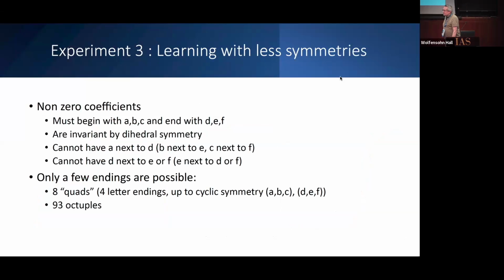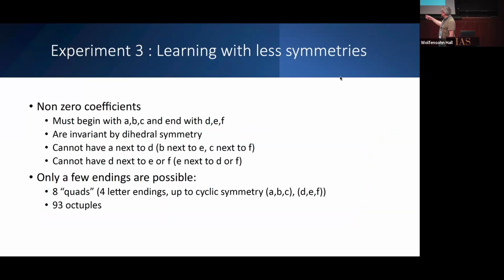So we did more experiments with fewer symmetries. I told you there's a lot of symmetries in the data. There's dihedral symmetries, there's the zeros, etc. So the physicists in the group came up with representations that use fewer symmetries. They call them quads or octuples, where the last letters in a sequence are constrained.